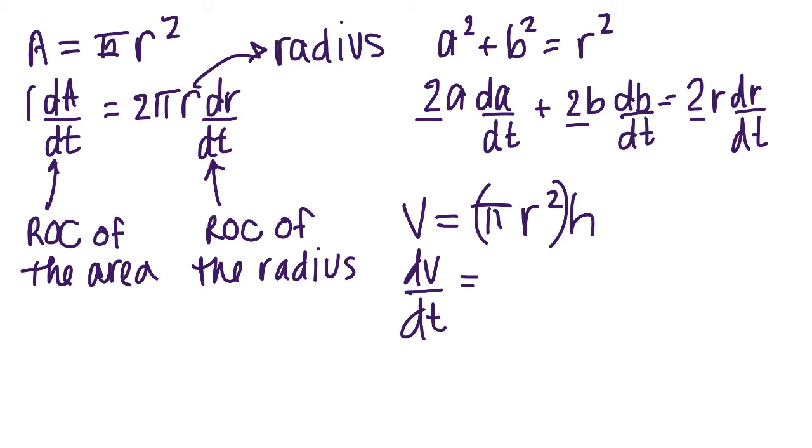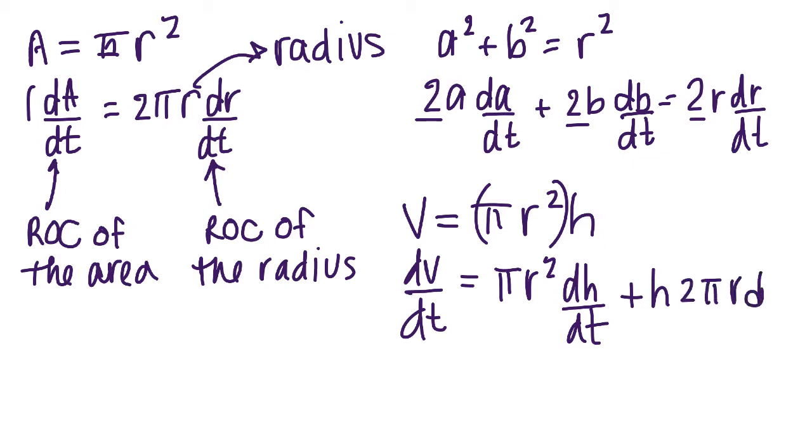And so with the product rule, we would do first, so I have pi r squared, there's first, times the derivative of the second. Well, the derivative of h is 1, and we would write dh over dt, plus second times the derivative of the first, and the derivative of the first would be 2 pi r dr over dt.